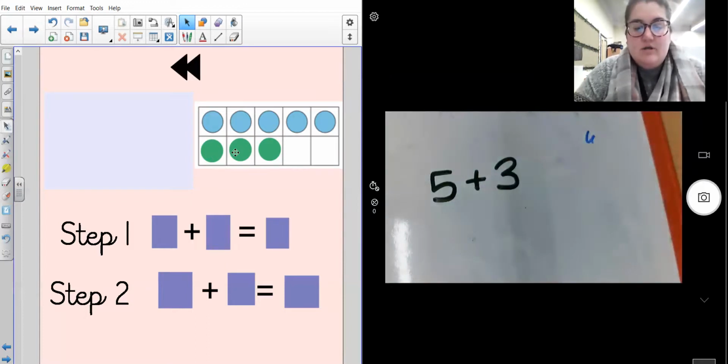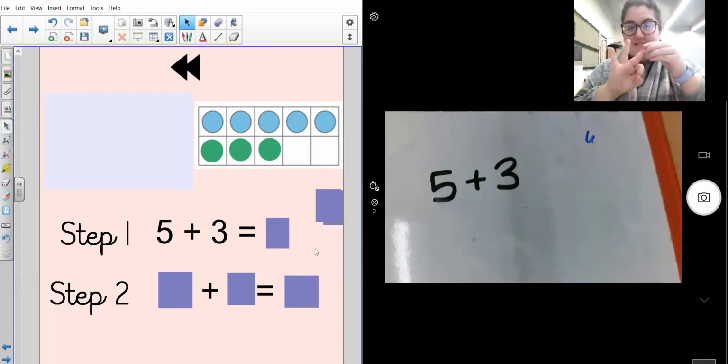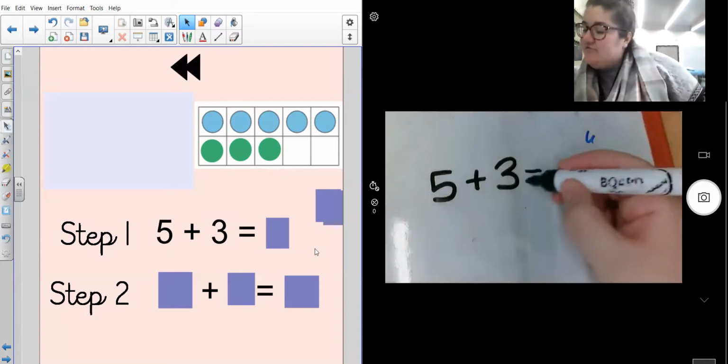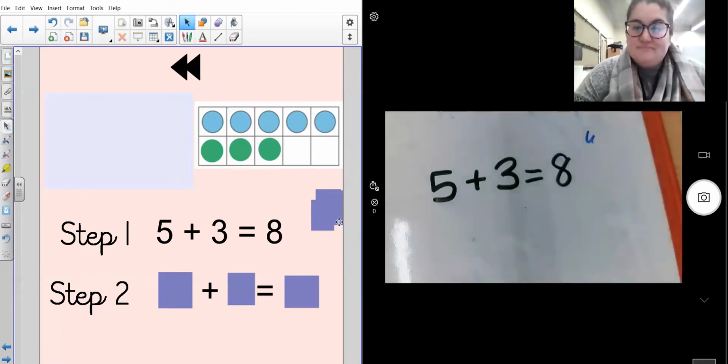I can see 1, 2, 3. So I've got 5 and I'm adding 3 more. Okay, so I'm going to put 5 in my head, 5, and I'm going to add 3 more. So 5, 6, 7, 8. So 5 add 3 is equal to 8. Let's see if I got it right.